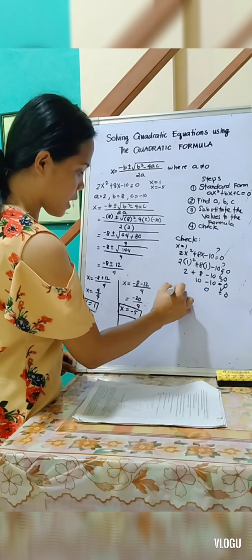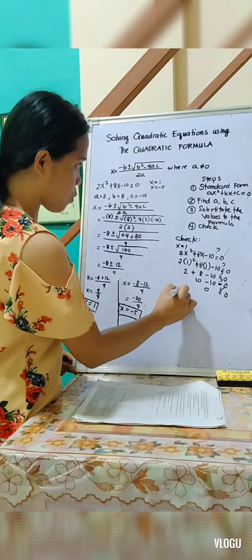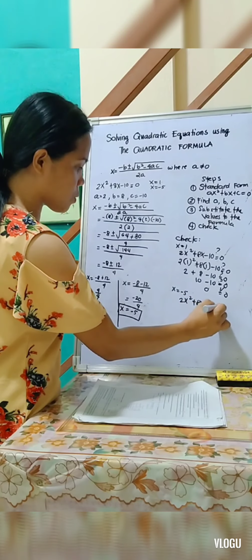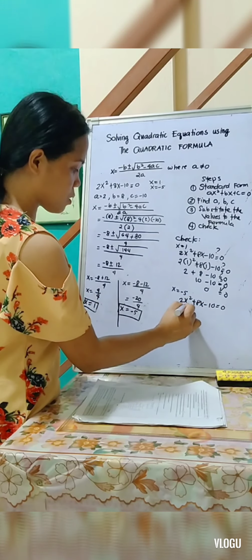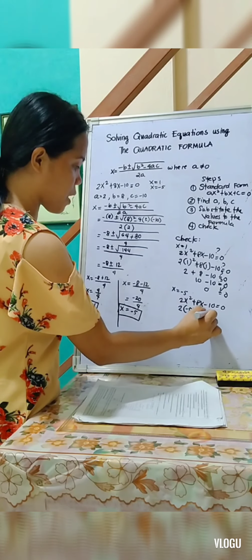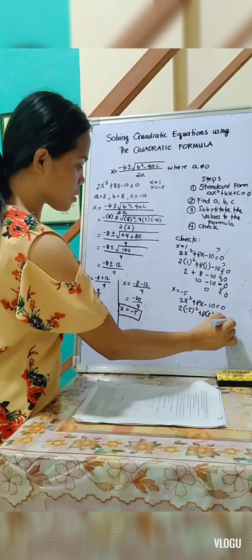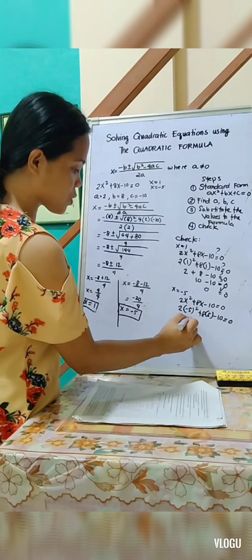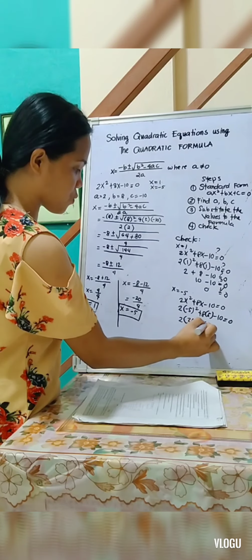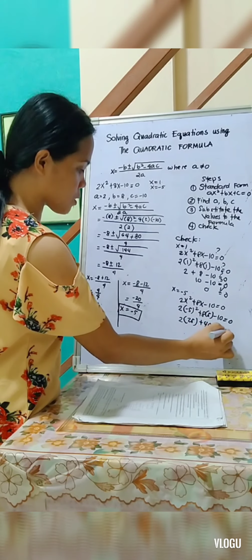Next, we check x equals negative 5. So, original equation 2x squared plus 8x minus 10 equals 0. Substitute the value of x, which is negative 5: 2 times negative 5 squared plus 8 times negative 5 minus 10 equals 0. So, negative 5 squared is 25, copy 2, that's 50. 8 times negative 5, that's negative 40, minus 10 equals 0.